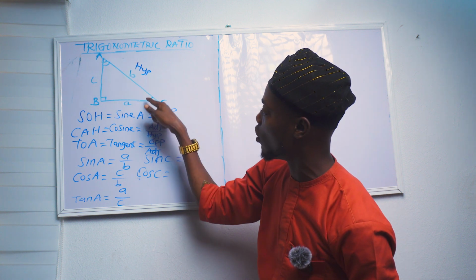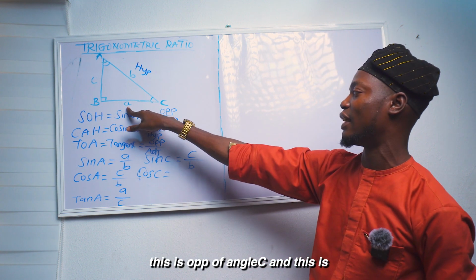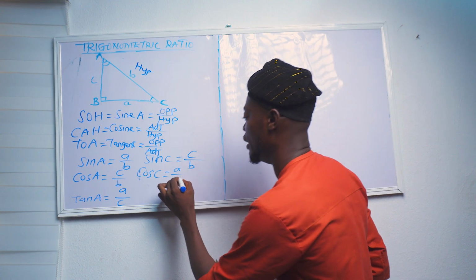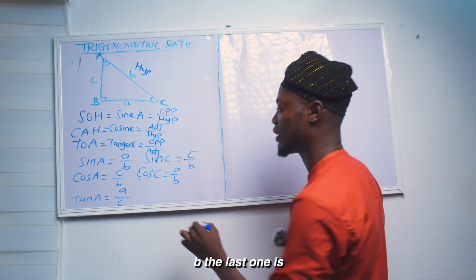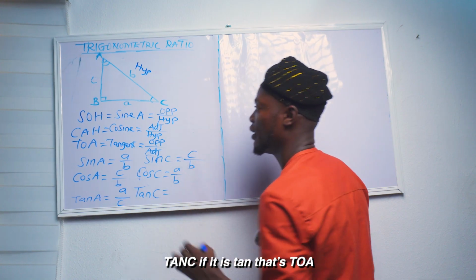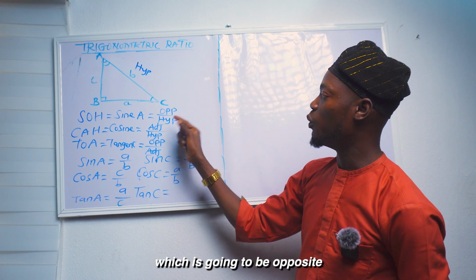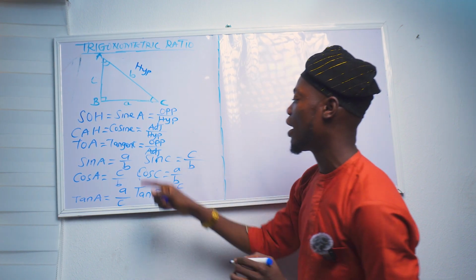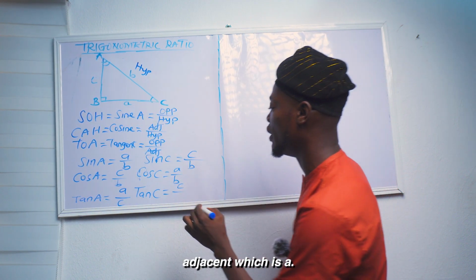So this is the opposite of angle C, and this is the adjacent, which is A, over hypotenuse B. And the last one is tan C. That is TOA, which is going to be opposite, which is C, over adjacent, which is A.